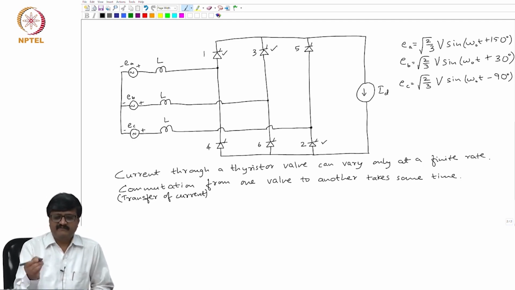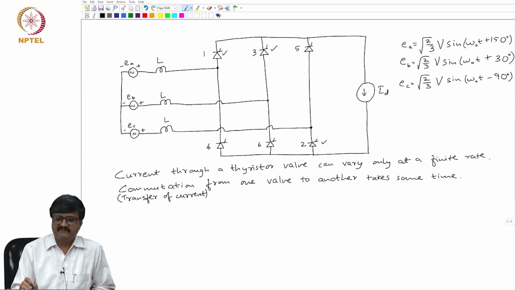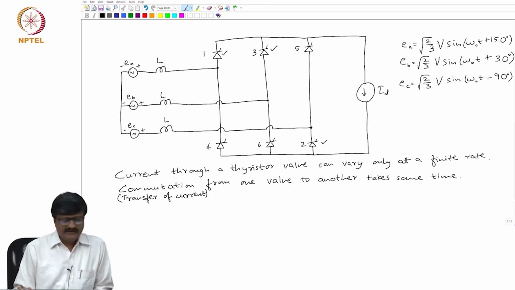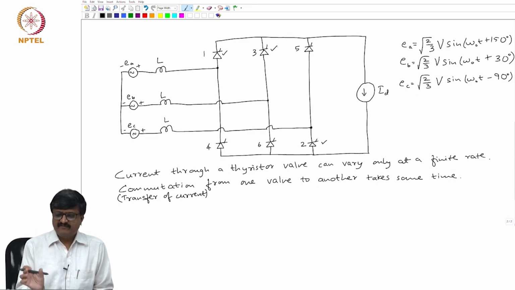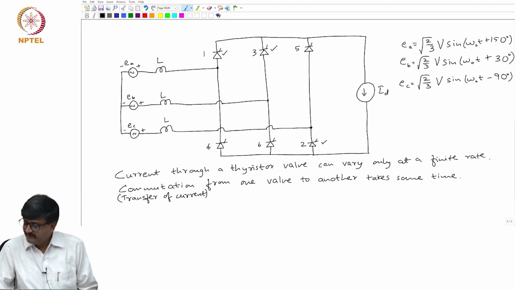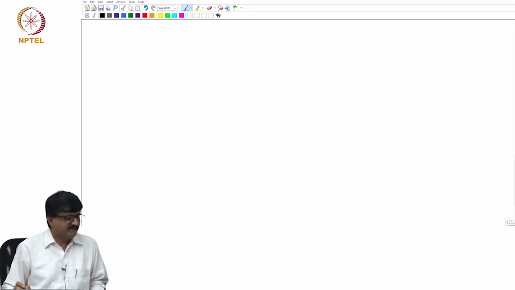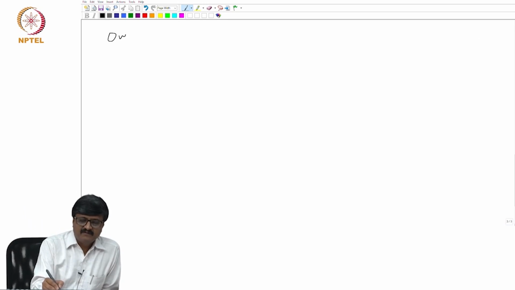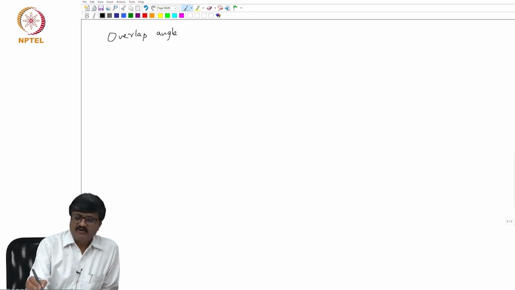Of course, after some time 1 stops conducting, and again only 3 alone will be conducting from the basic commutation group consisting of 1, 3, 5. So, we try to define a duration for which both valves conduct. We will give a name for that, which is known as overlap angle or commutation angle.